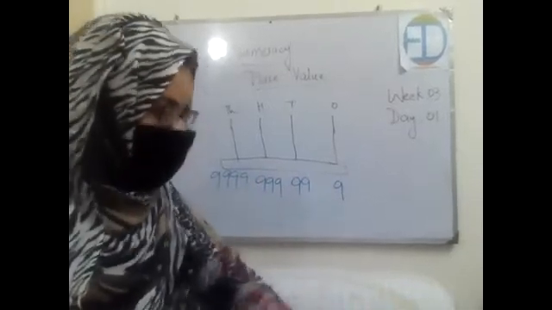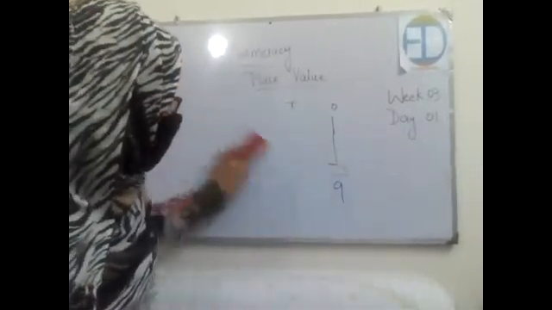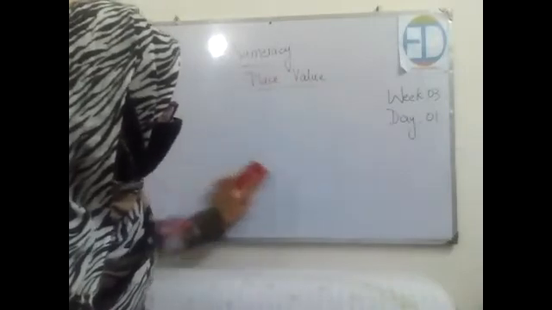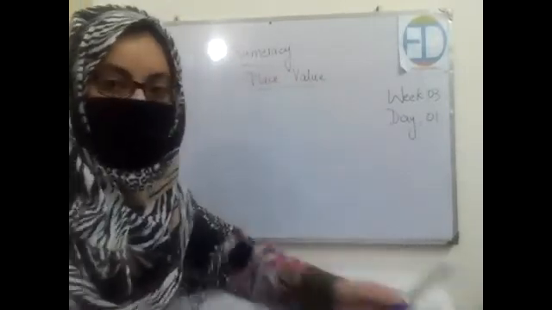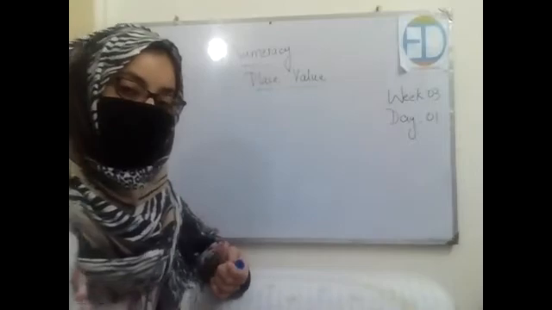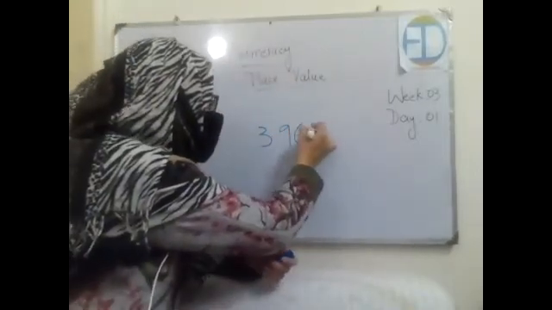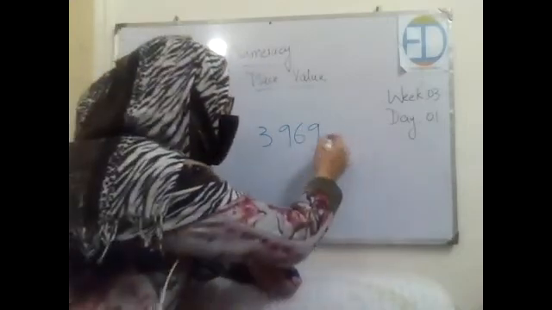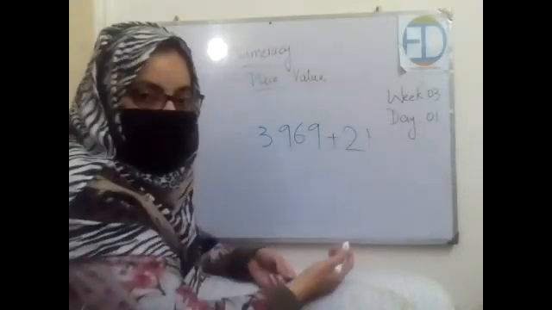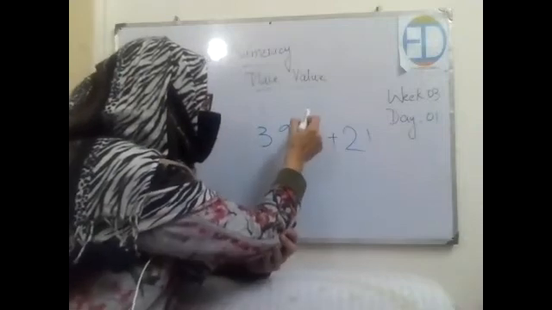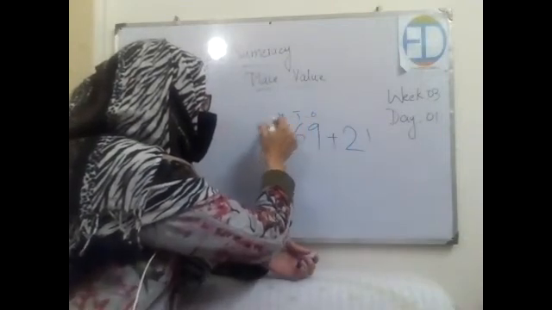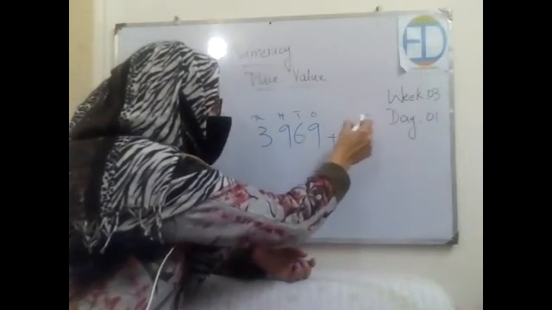Let's say I gave you a question for addition in which there is this 4-digit number, 3969, and then there is this two digit number which is 21, and I ask you to add this. What you will do is place values over it: 0, 10, 100 and 1000, and place values over the second number as well.